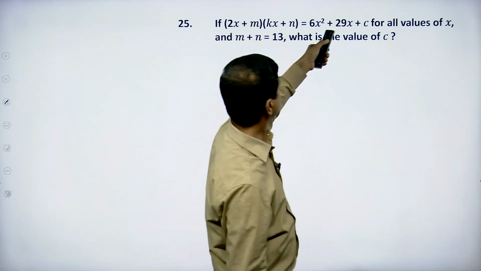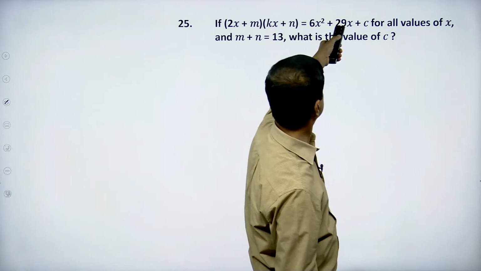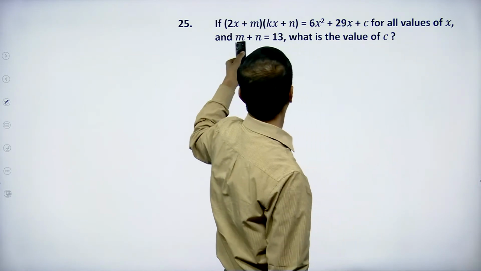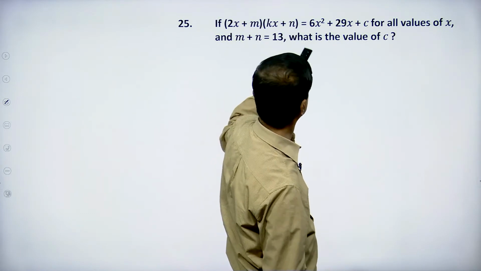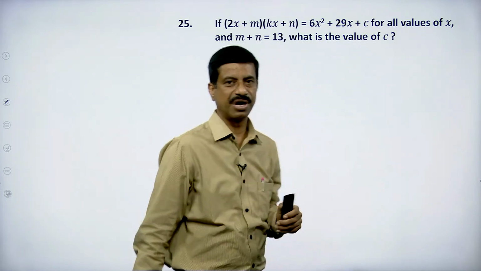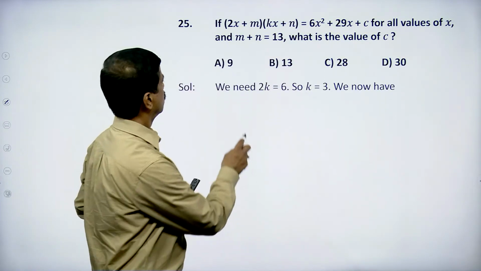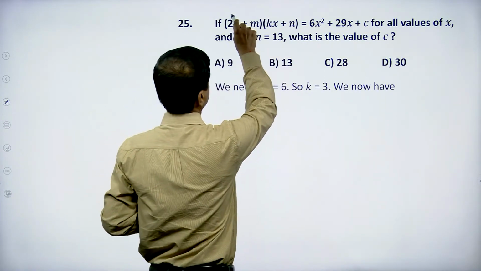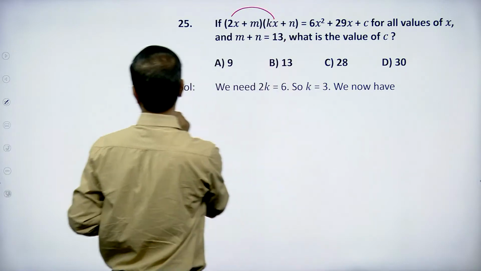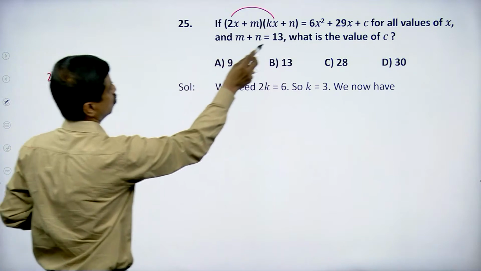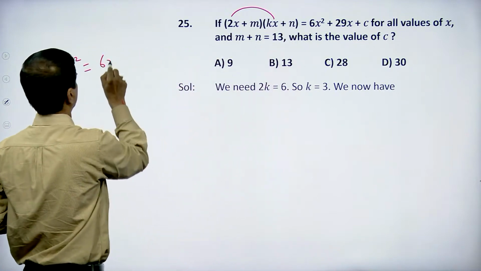So, what is it that he said? This is equal to 6x square plus 29x plus c. For what values of x and m plus n equal to 13 he gave. He is asking to find out the value of c. So now look at this. If you multiply these two, 2kx square is equal to 6x square.